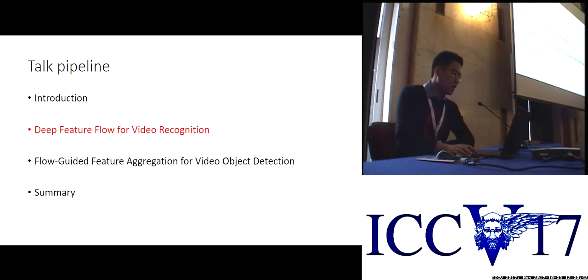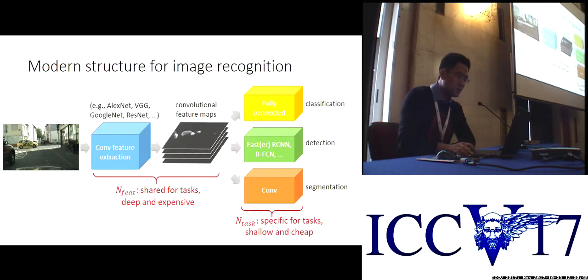Okay, let's come to our first work, called Deep Feature Flow for Video Recognition. Modern CNN-based image recognition networks share a similar structure. A deep convolutional subnetwork, N_feat, is applied on the input image I to produce feature maps F on the whole image. Its layers are convolutional and account for the most computation. The internal convolutional feature maps have the same spatial extent as the input image, but usually at a smaller resolution, for example, 16 times smaller.